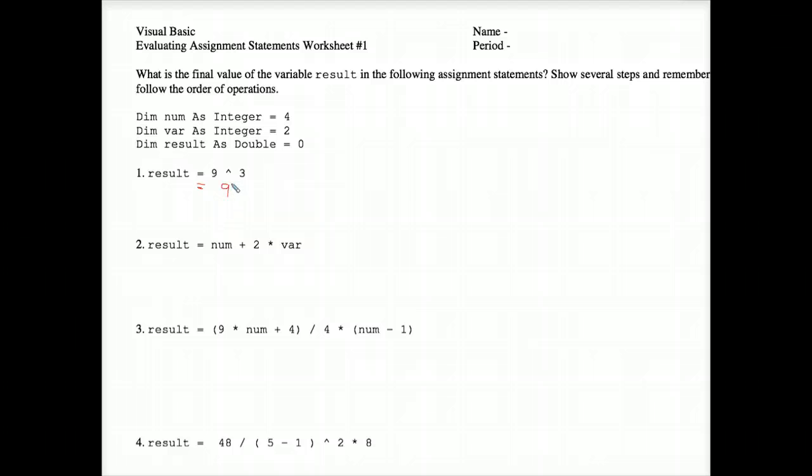So this could be rewritten in the normal math notation of 9 to the power of 3. And that could be rewritten this way. And that could be rewritten, at this point, you could think of it as 81 times 9.